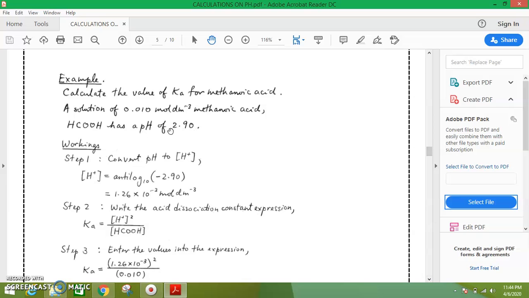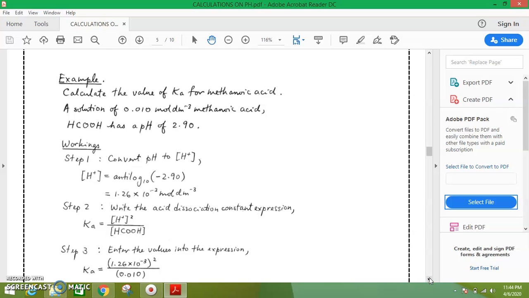Look here, first the concentration of hydrogen ions is given to you. So please follow these steps. Step 1, convert pH to H plus ion. You know pH is given as 2.90, take the antilog of this, you will get the concentration of hydrogen ion. Second, in step 2, write the acid dissociation constant expression. So Ka is equal to product over reactant: product is hydrogen ion and reactant is methanoic acid.